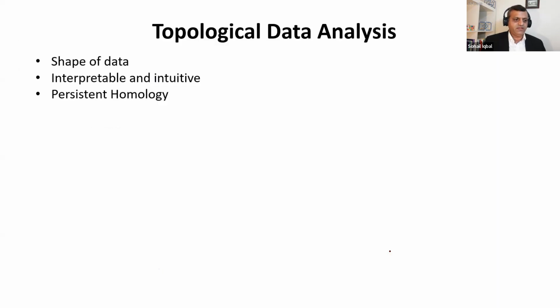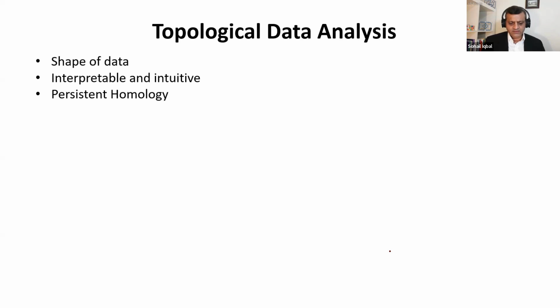There are many kinds of data produced from computational machines and experiments. Sometimes there is missing information in the data, sometimes it's higher dimensional data, and sometimes it's noisy data. But in the last decade, we have seen that topological approaches are very successful in analyzing the shape of the data and deducing results.